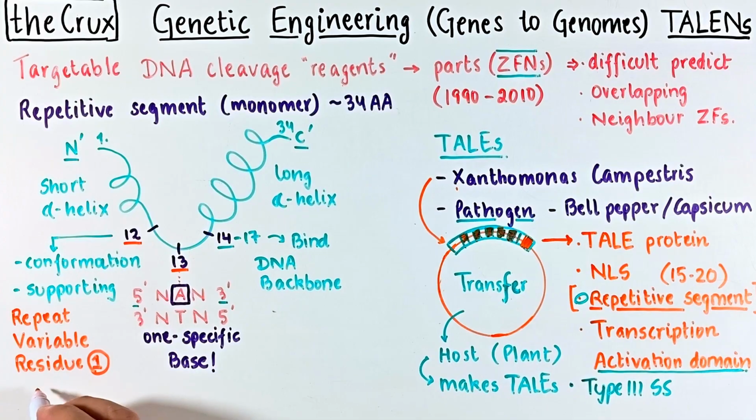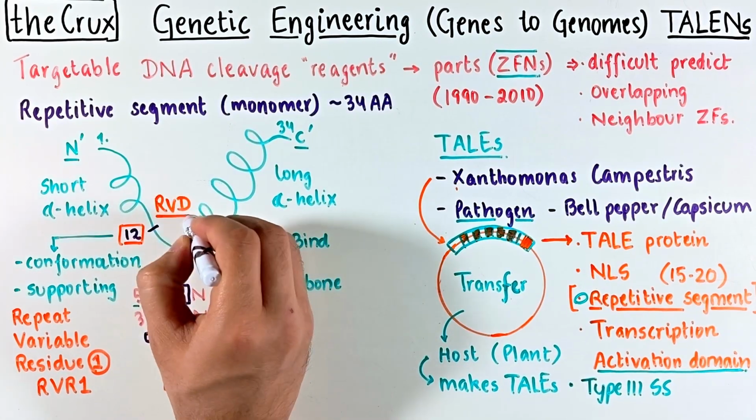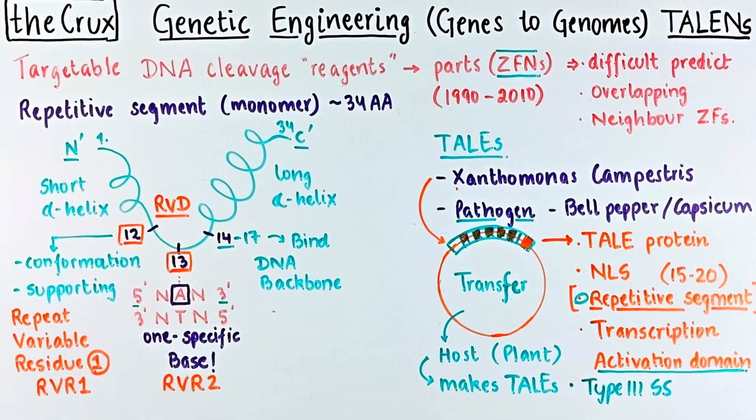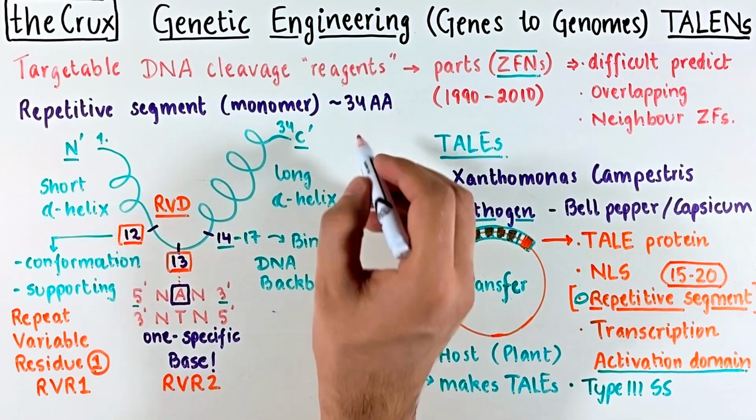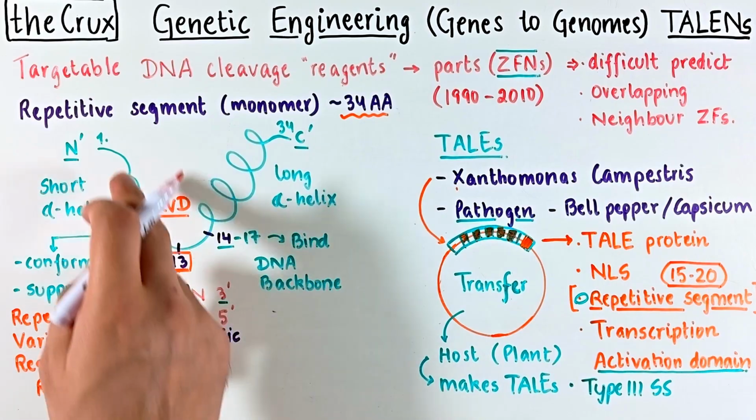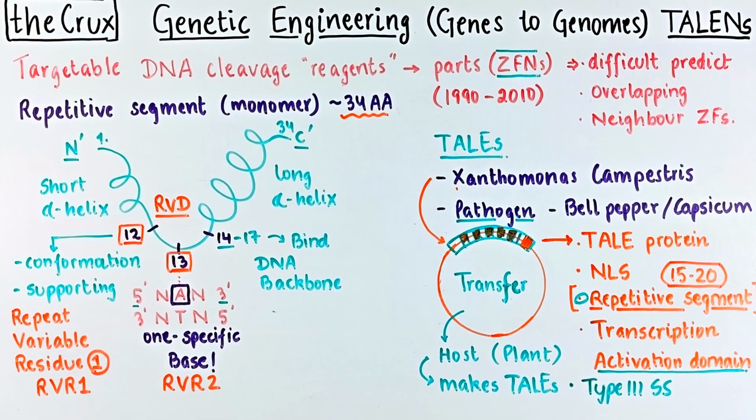Number 13 is likewise the repeat variable residue number 2. Together, these two are called the repeat variable diresidue. So, what I want you to take away from this is that there are 15 to 20 repeats of these 34 amino acid long monomer domains where only 2 amino acids, number 12 and 13, actually change.